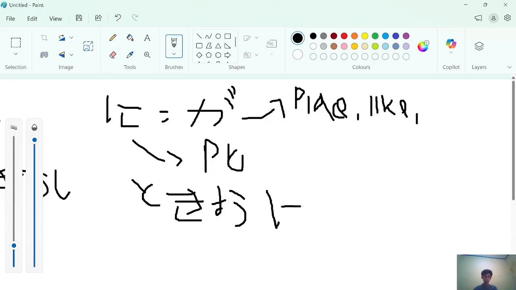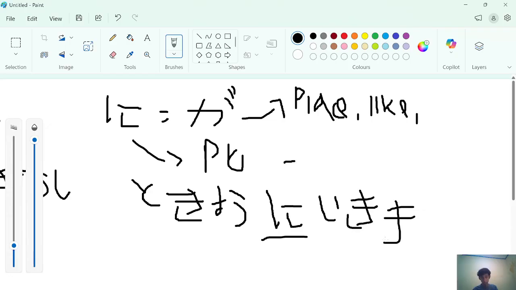For example, I will make a sentence. I will go to Tokyo. Tokyo in Japanese is the same, it's Tokyo. And after the place, we add ni to describe the place. And go in Japanese is ikimasu. Tokyo ni ikimasu. I'll go to Tokyo.